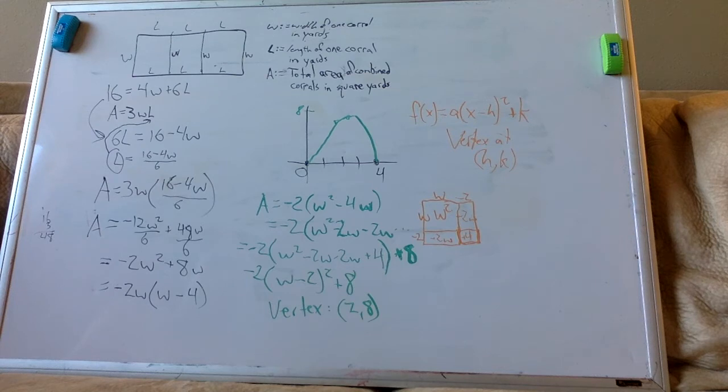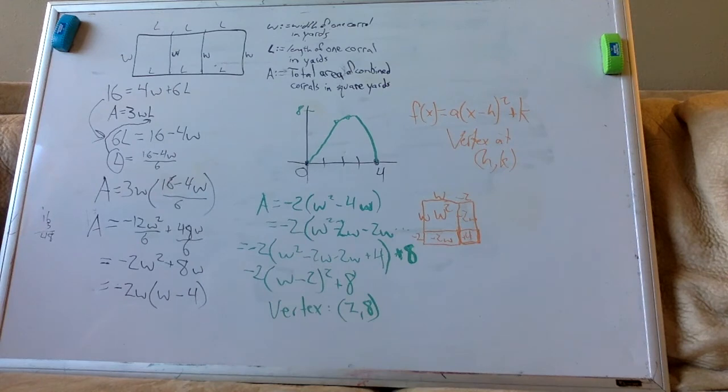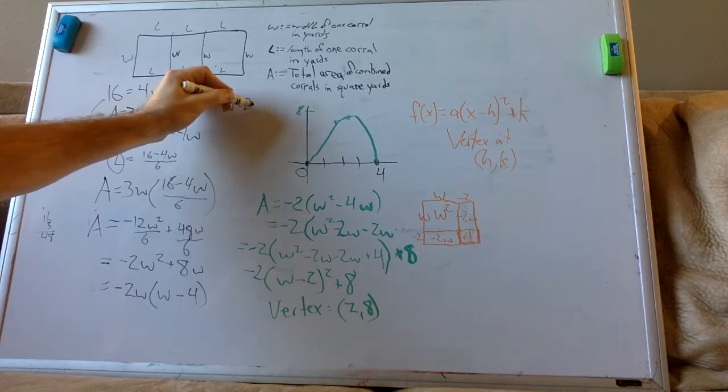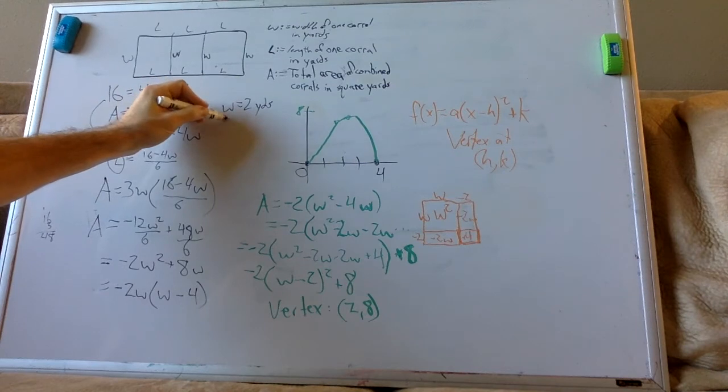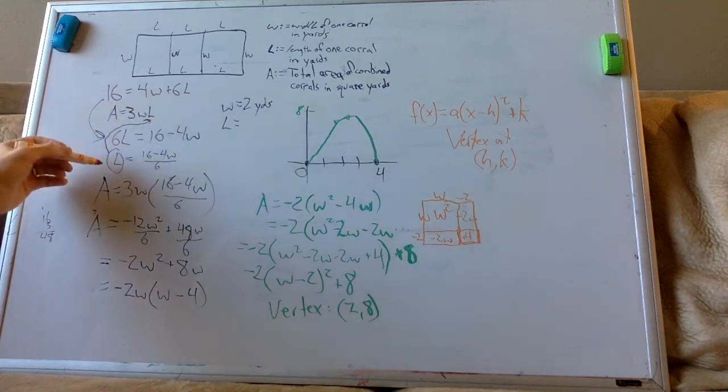So in terms of answering my questions, my first question was, what are the dimensions of one corral that would give me the maximum total area? The dimensions would be, one corral would be L by W. I know that W was 2, so my W is 2 yards. Then I need to find my L. I can do that by putting W into my original equation here.